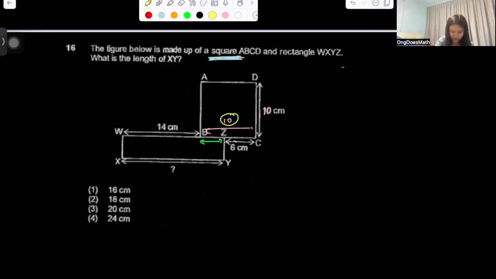So this green guy is 4. So now can we find what XY is? XY, which is here, is just 14 plus 4, and this gives you 18 cm. Cool. So answer is option 2.